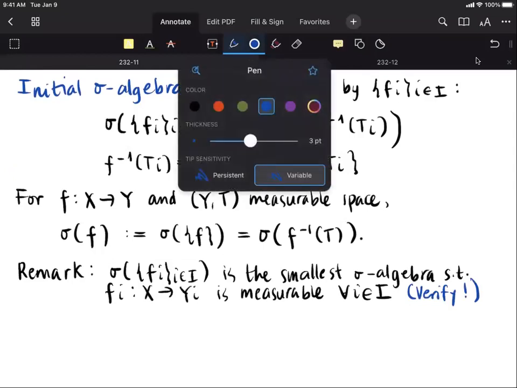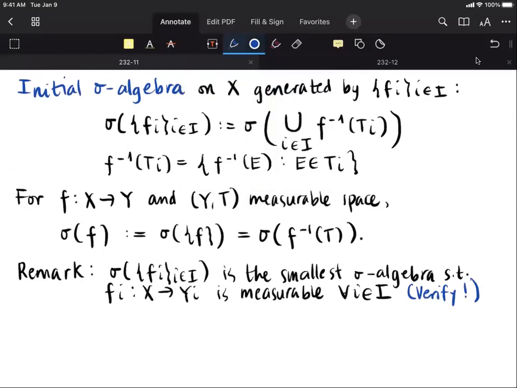The analogous definition for a final sigma algebra is the following.